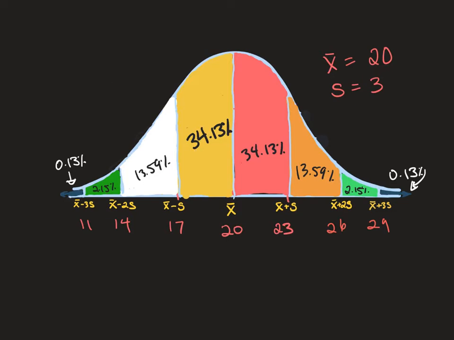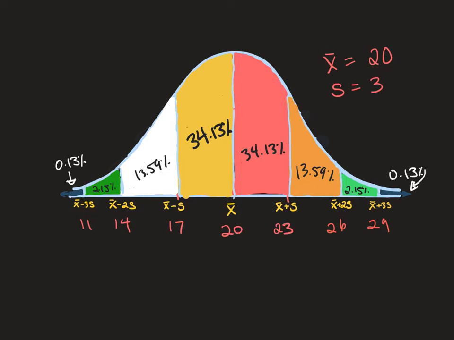We also know that about 95.44% of scores are expected to fall from 2 standard deviations below the mean to 2 standard deviations above the mean, because we can simply add the 13.59 plus the 34.13 plus the other 34.13 plus the 13.59. So what percentage of scores fall from all of the identified areas here in the curve?